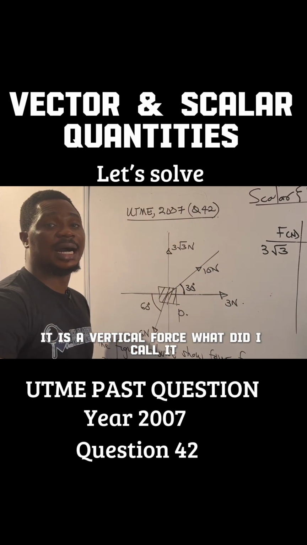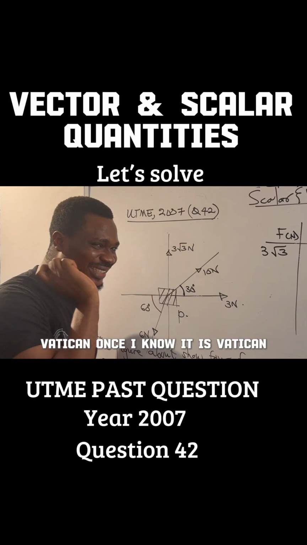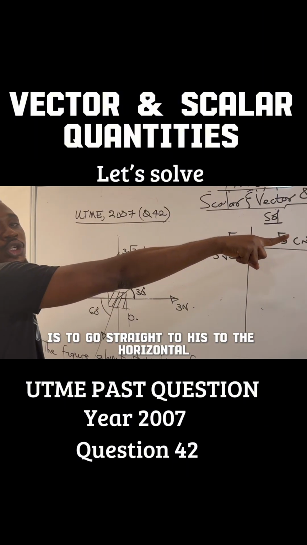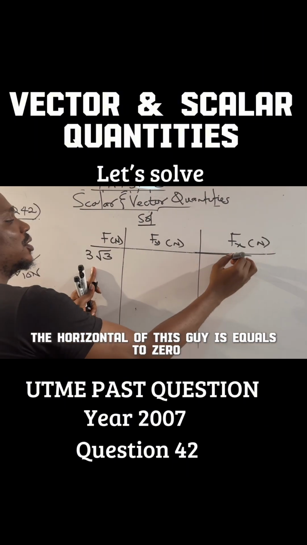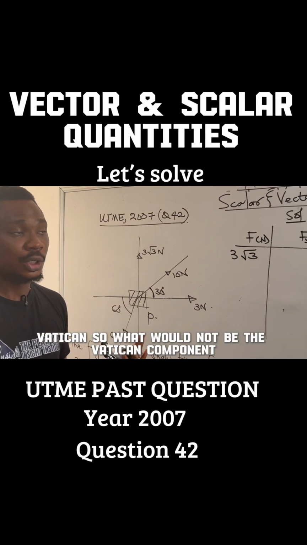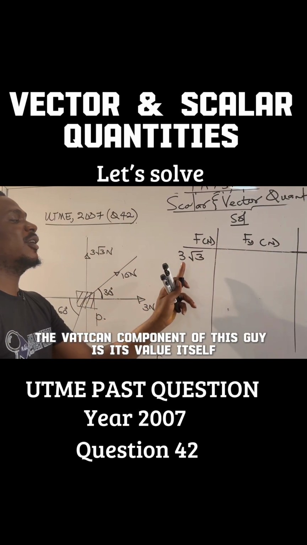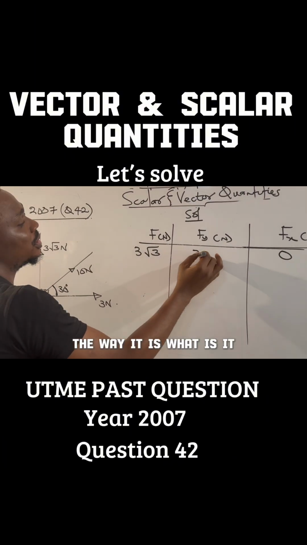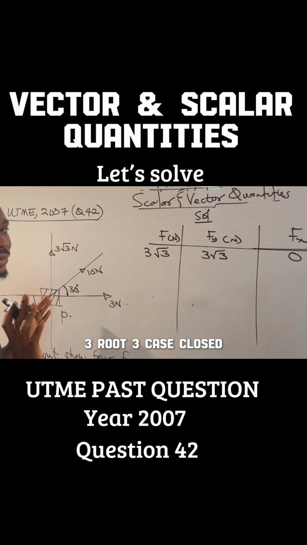It is a vertical force. Once I know it is vertical, the first thing I must attend to is the horizontal. The horizontal of this force is equal to 0 because I've called it vertical. So what will now be the vertical component? The vertical component of this force is its value itself, the way it is: 3√3. Case close.